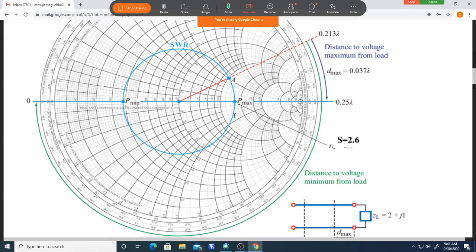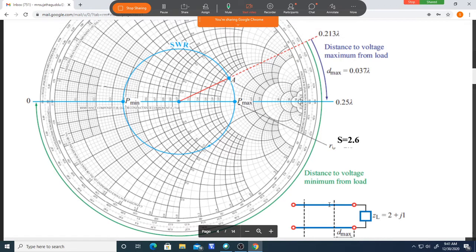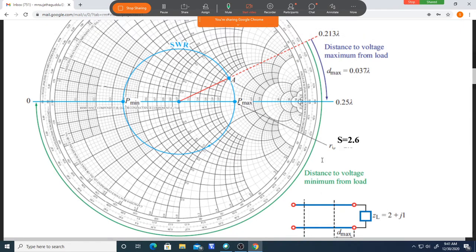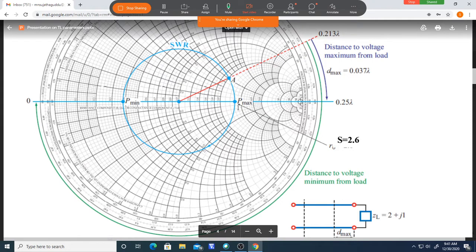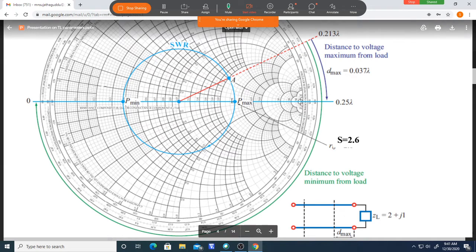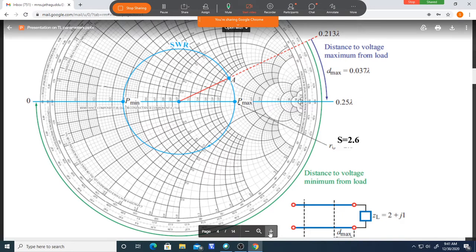If you move like this, the impedance at this position is something else. At this position the reactance is 0, but the resistance may be some value. You read it from the Smith chart.